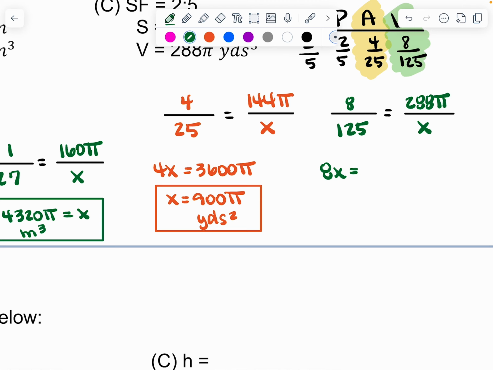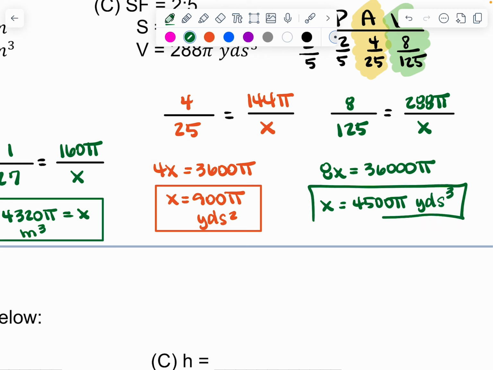So again, we're just cross multiplying. Again, another really big number, 125 times 288. So 36,000 pi. And then we divide by 8, right? And we're going to get 4,500 pi cubic yards.